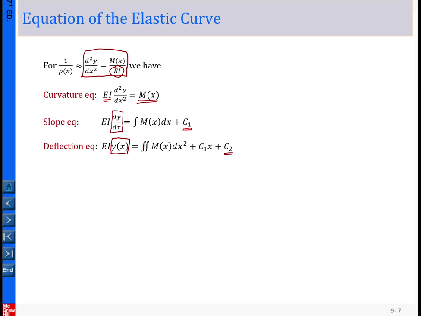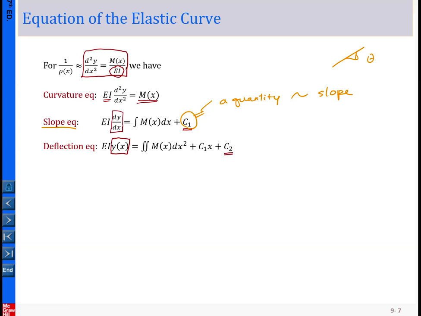Before doing that, here is another important take-home message. C1 is a constant that appears in the slope equation, so C1 is a quantity equivalent to slope, that is, theta.